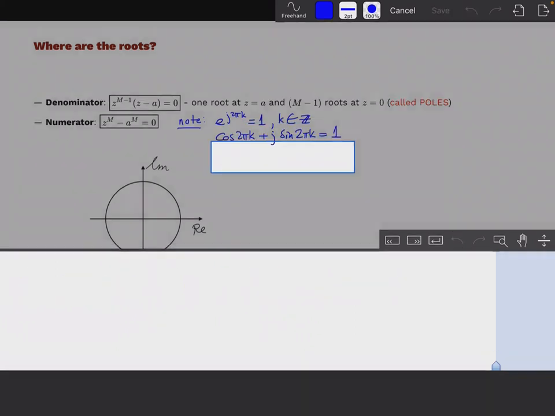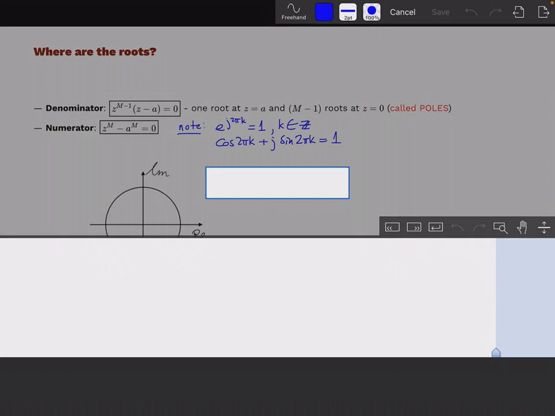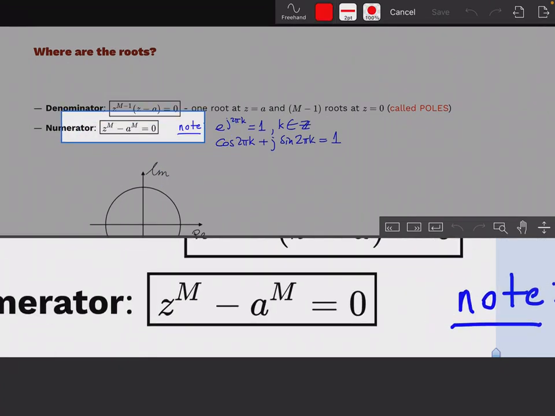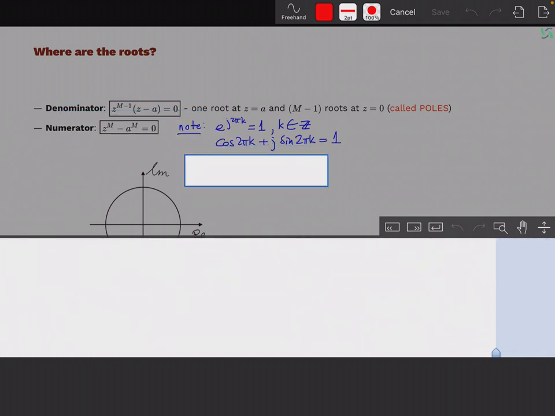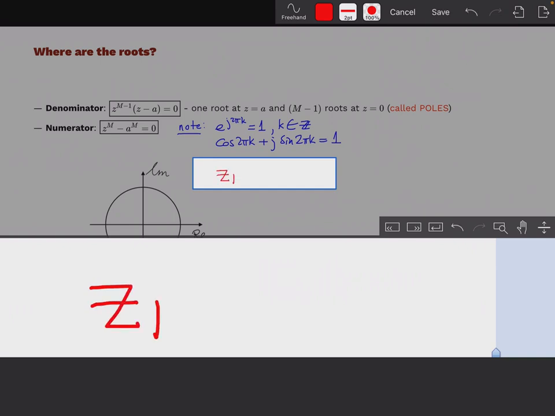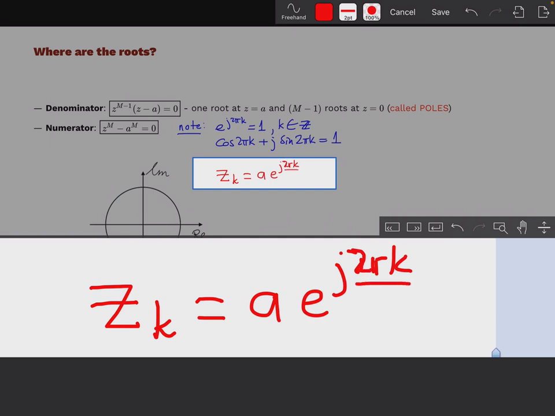So what then are the roots of this second polynomial, z to the power m minus a to the power m? Then the roots of that polynomial, zk, is equal to a e to the power j 2 pi k over m, because when you take the mth power of this, you're going to end up with a to the power m, irrespective of what k you have.